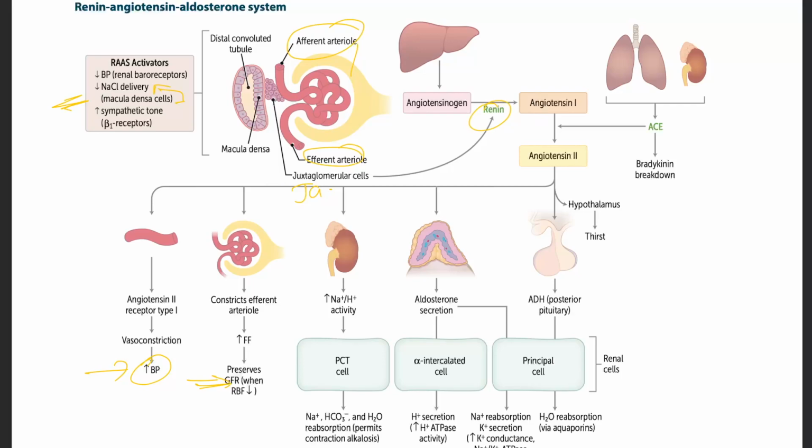Renin goes in the blood and converts angiotensinogen into angiotensin 1. Angiotensinogen came from the liver, and that angiotensin 1 now circulates in the plasma, and from the lungs and the kidneys themselves, we have ACE, angiotensin converting enzyme. It converts angiotensin 1 into angiotensin 2.